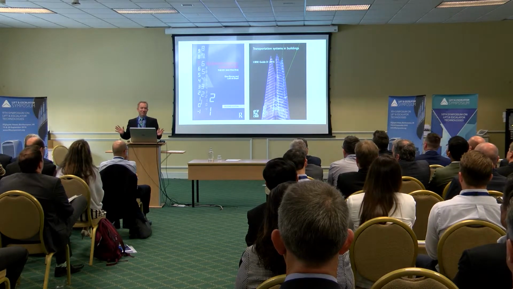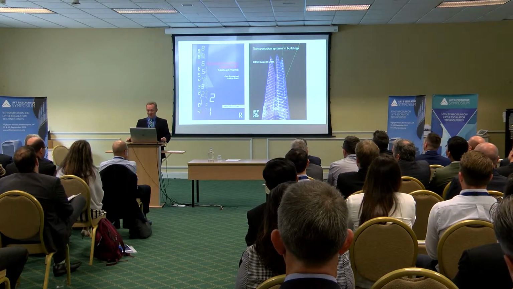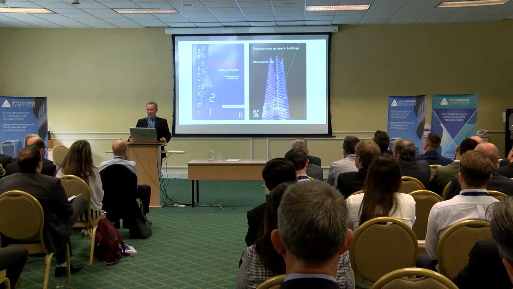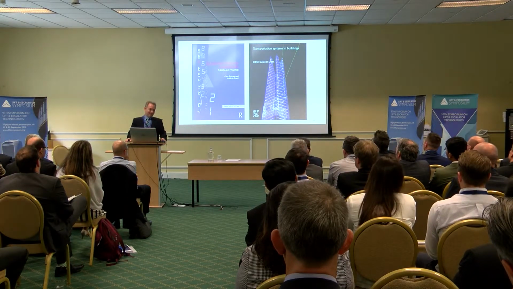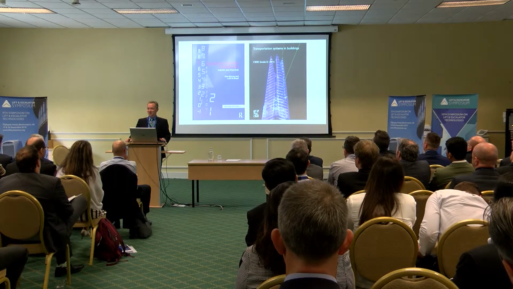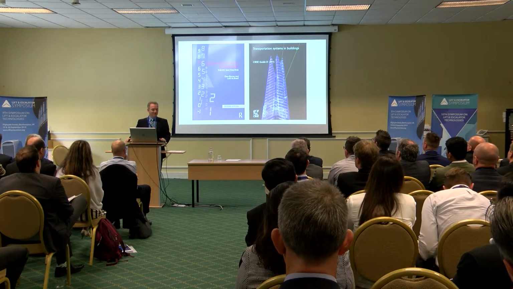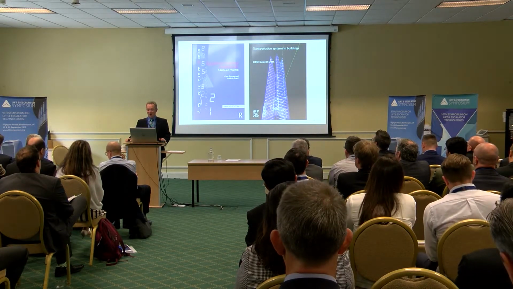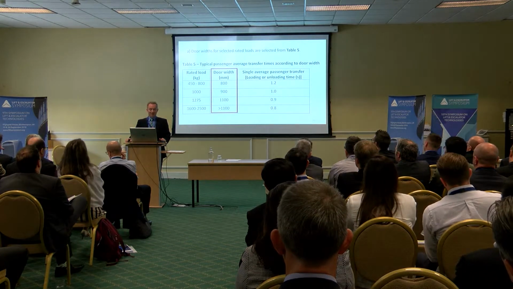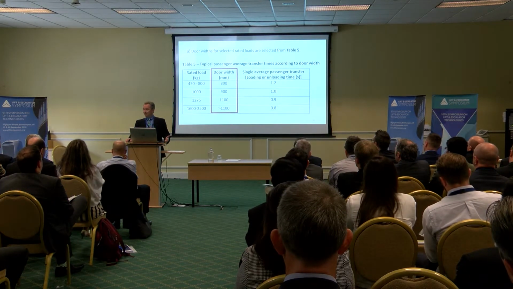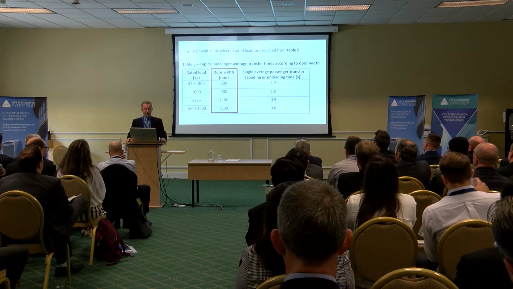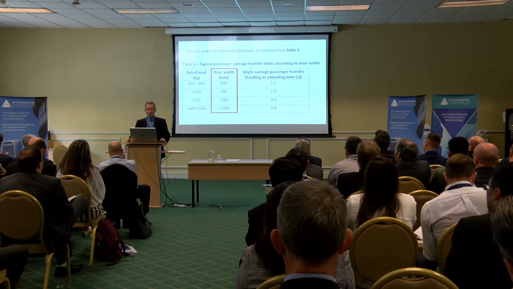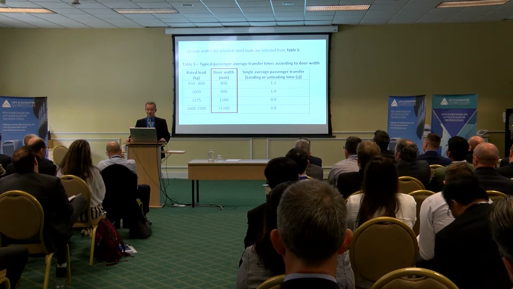The maths and stuff is all covered in things like the handbook and CIBSE Guide D, so I'm not going to talk about that. But what we need to start with is a whole load of tables. And Gina's put some of these tables, in fact you've got some of the tables in front of you on the yellow sheets. And we need to know things like the door widths and what type of door width you're going to have in the different car sizes.